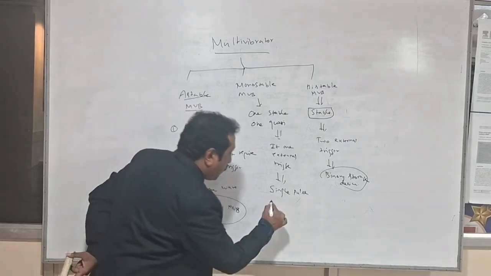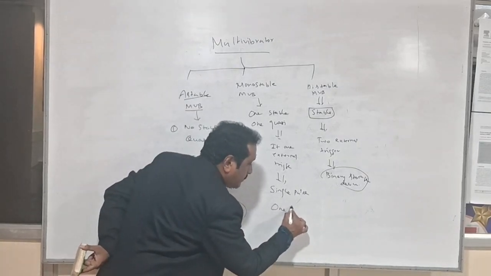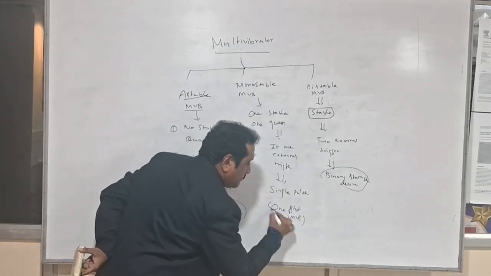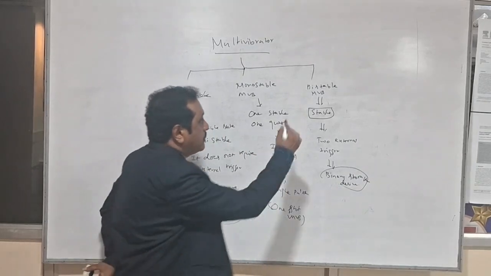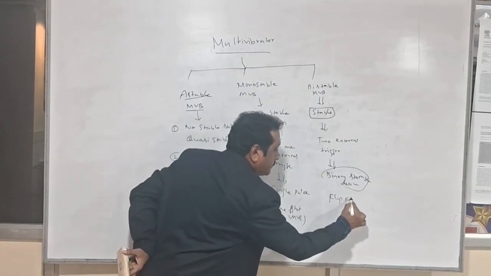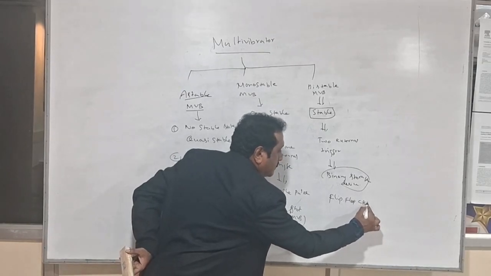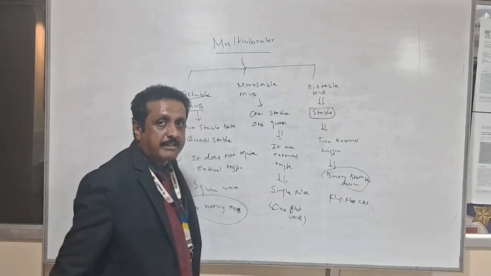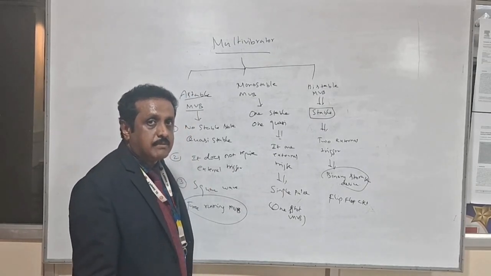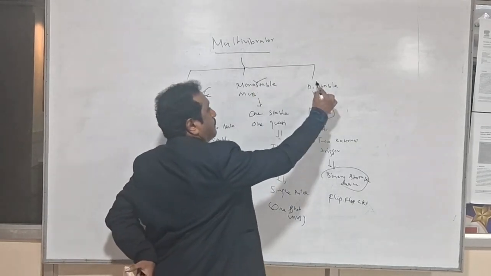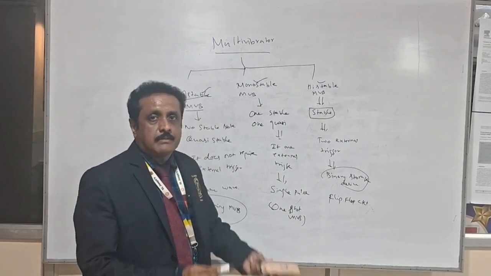The other name for the monostable multivibrator is the one-shot multivibrator. And the bistable is a flip-flop circuit. These are the other names of all three kinds of multivibrator. In the next class we will see the working of the astable, monostable and bistable multivibrators. Thank you.